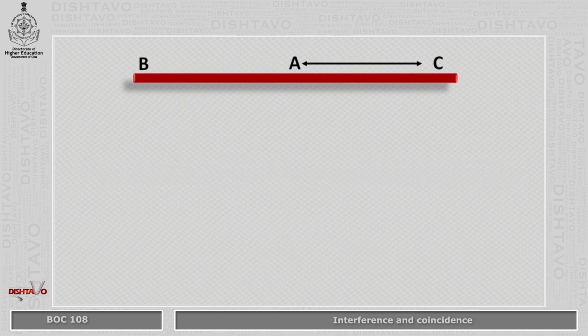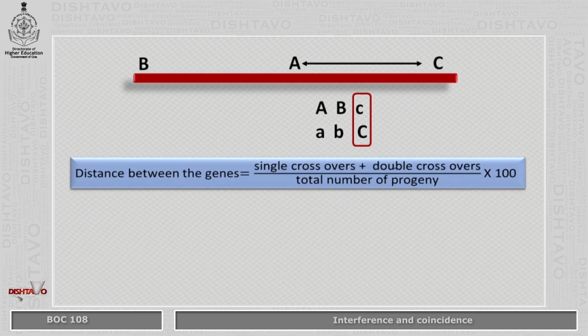Similarly, to find the distance between A and C, we compare the relevant single crossovers. Here we see that C has switched its place, and that is how we come to know which single crossovers to consider.